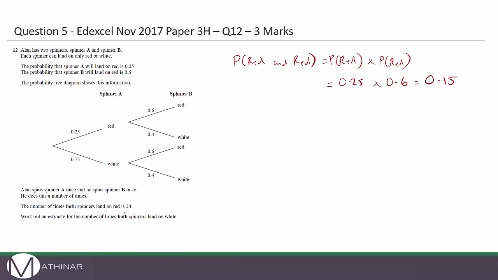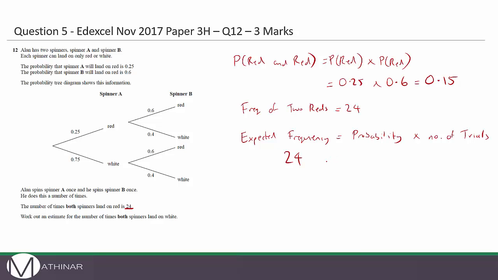Now, this 24 is the frequency of the 2 reds that we got. So we're going to use a formula where expected frequency equals probability times number of trials. What do we know from this question? We know the expected frequency is 24 because we've got the 2 reds 24 times.